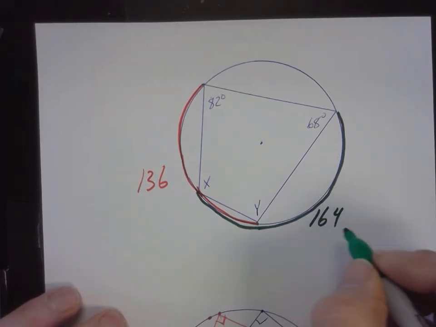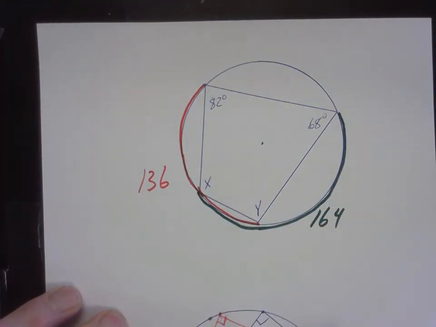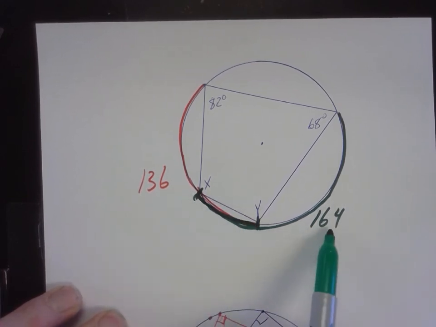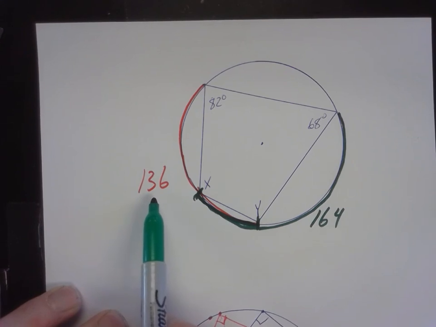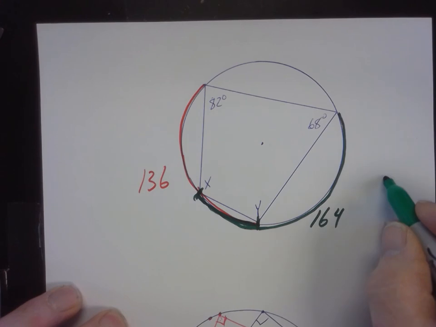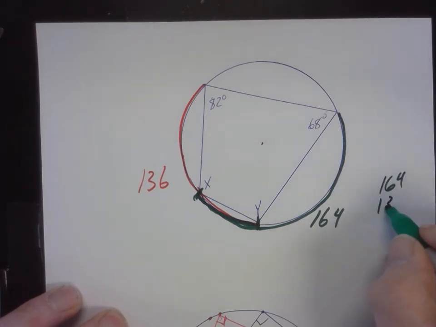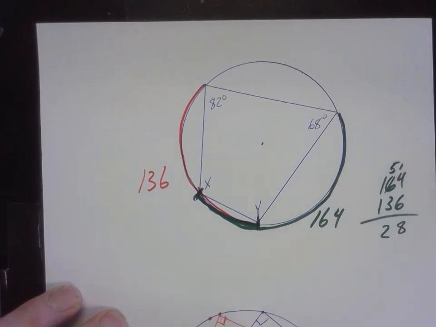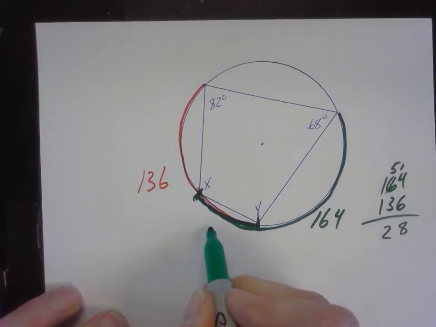You see it? Okay. And this little bit is where we overlap, isn't it? So 164 subtract 136. That's a hard one. You have to borrow. Can you guys do that? Yeah? So this arc right here is 28 degrees.